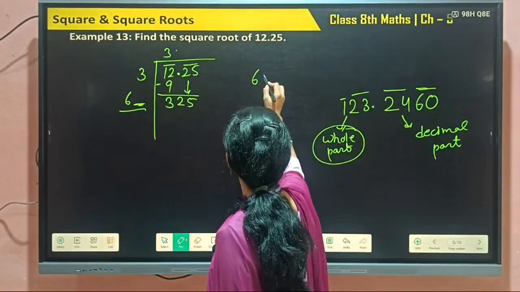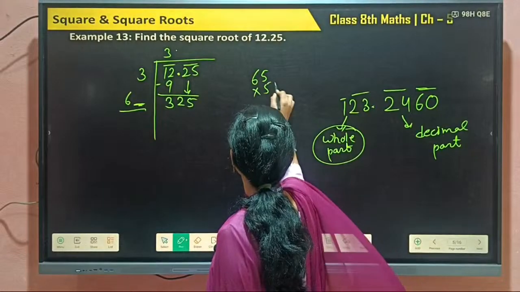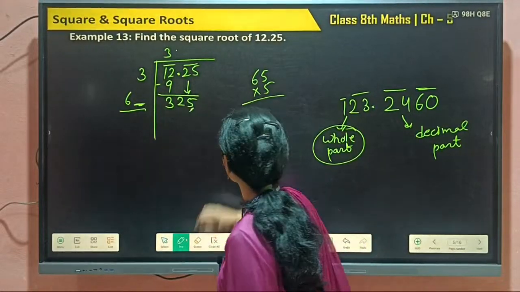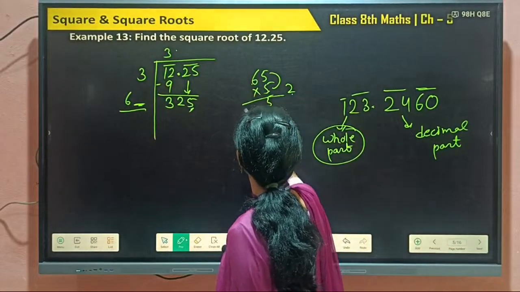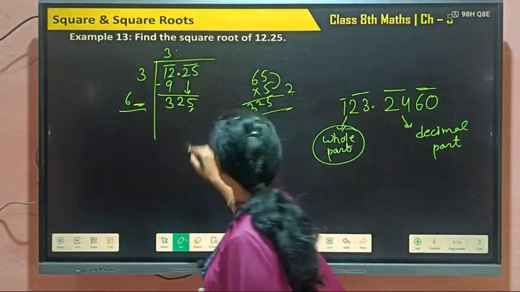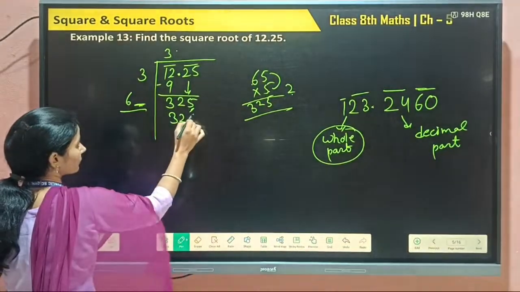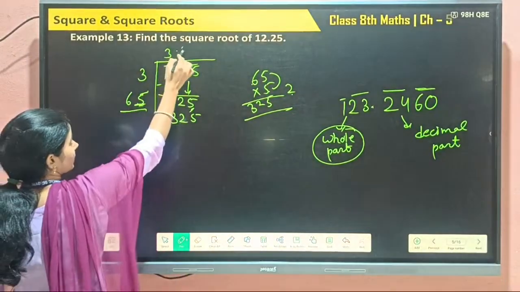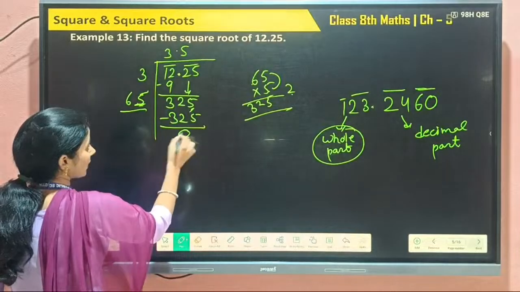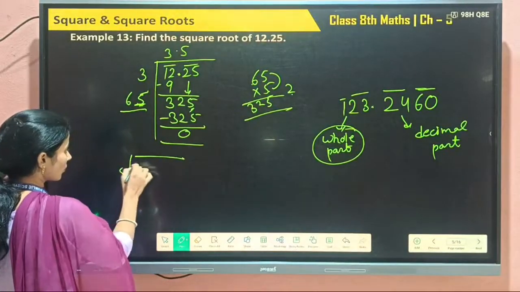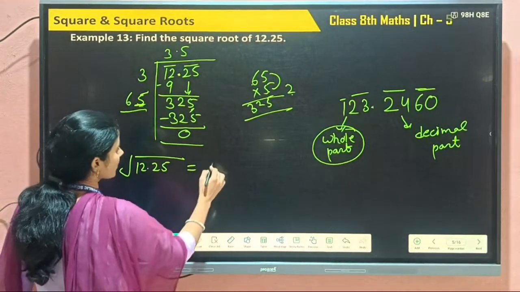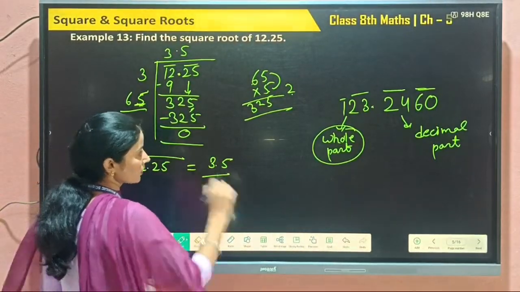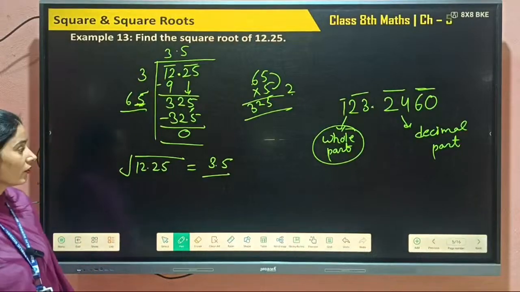Check with 5: 5 fives are 25, 5 sixes are 30, 30 and 2 is 32. So we got 325. The remainder is 0. So the square root of 12.25 is 3.5.